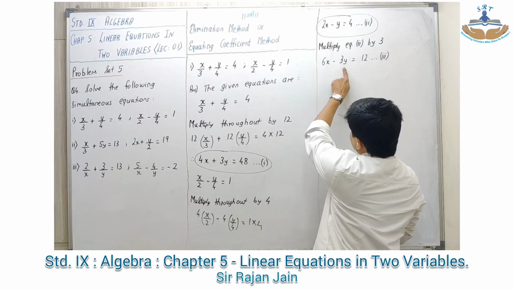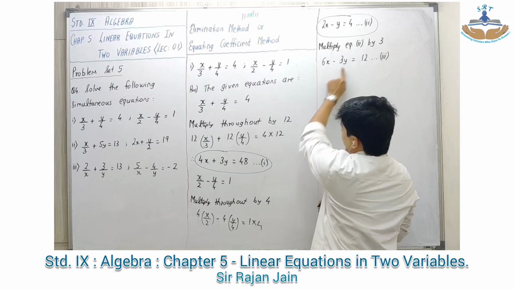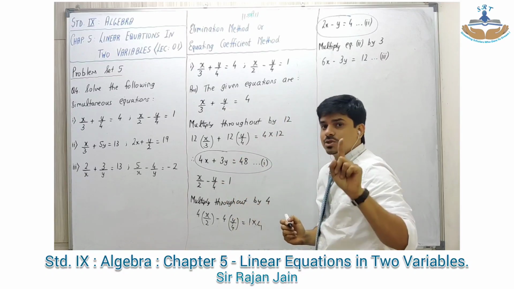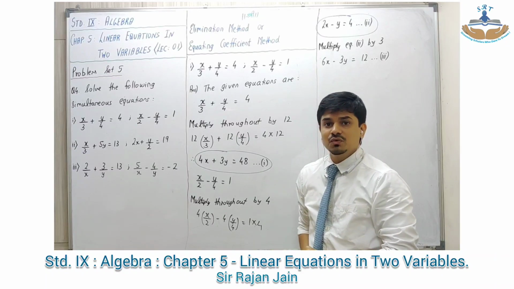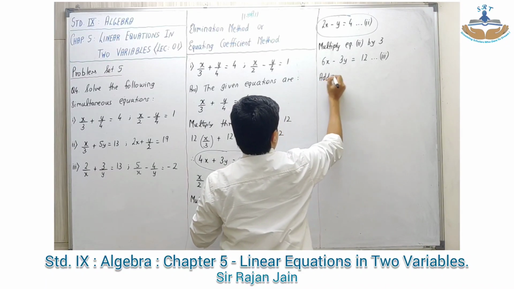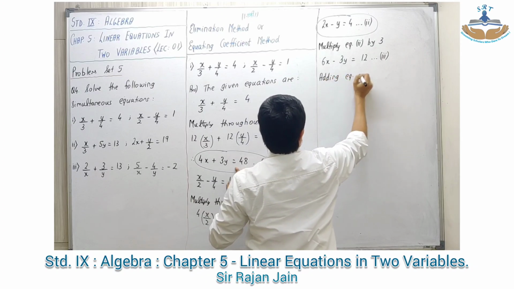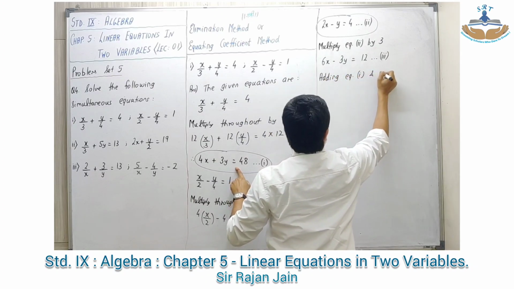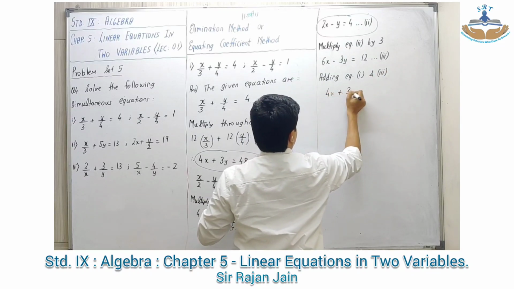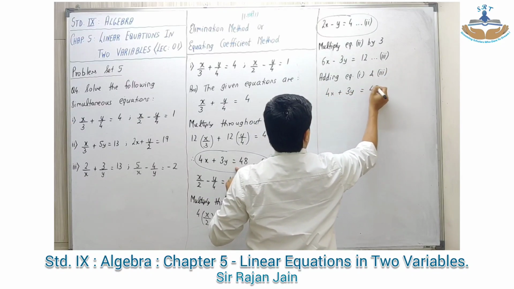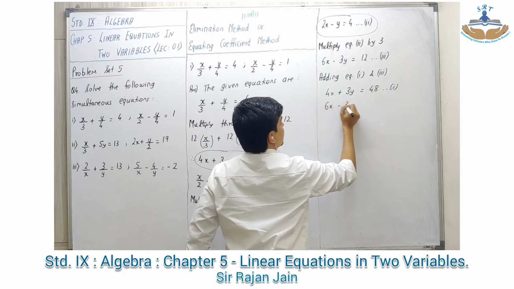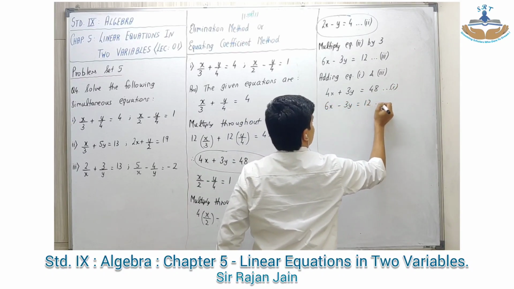Now, this equation and this equation, your coefficient of y is the same and they have opposite signs. So to eliminate the coefficient, you will just add them. Okay. So I'll say adding equations 1 and 3. What do I get? 4x plus 3y is equal to 48. This is your equation 1. 6x minus 3y equal to 12.